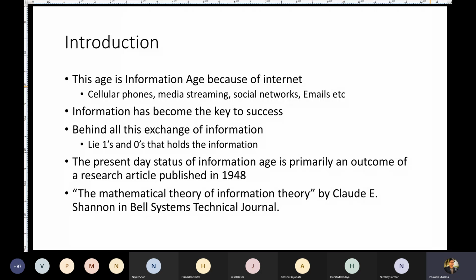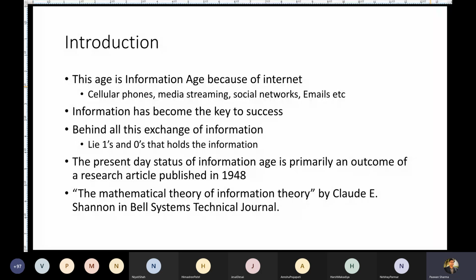So these are some stuff for making a base for information. We all know this age is the information age. The internet is there, mobile phones, streaming data, social networks, all these things are there. So a huge information flow is happening, and information has now become the key to success.